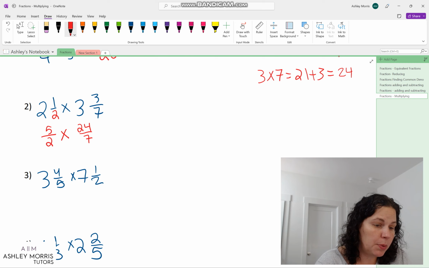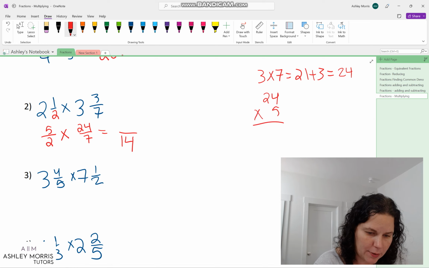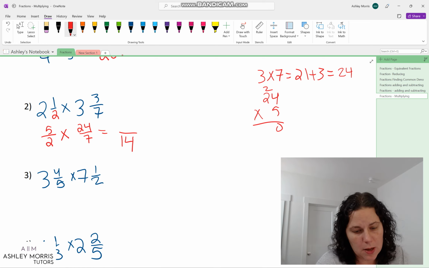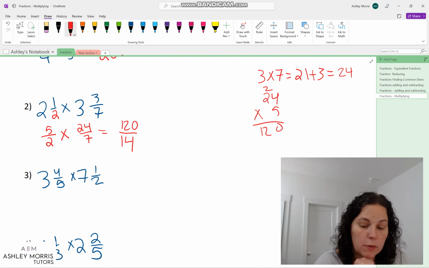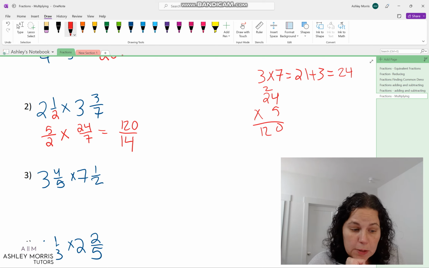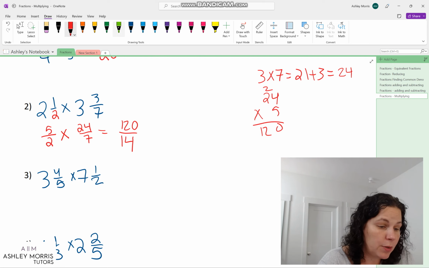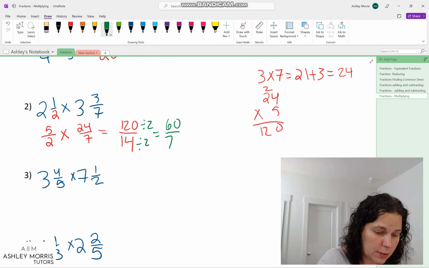Then we're going to multiply the top and multiply the bottom. Well, the bottom's 14. The top, 24 times 5 is 120. 5 times 2 is 10, plus 2 more is 12. So we get 120 over 14. So this can be reduced. You can reduce it from here. I'm going to do that, and I'm going to show you a trick. You can divide this by 2 on the top and 2 on the bottom, and you get 60 over 7.